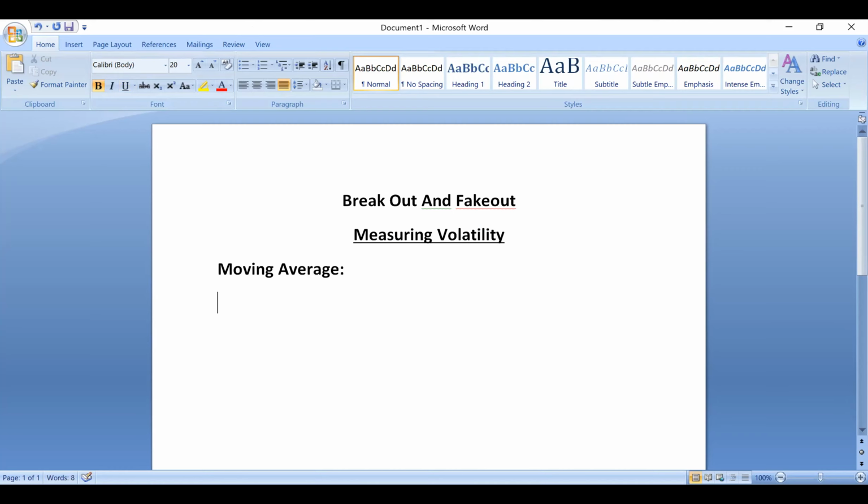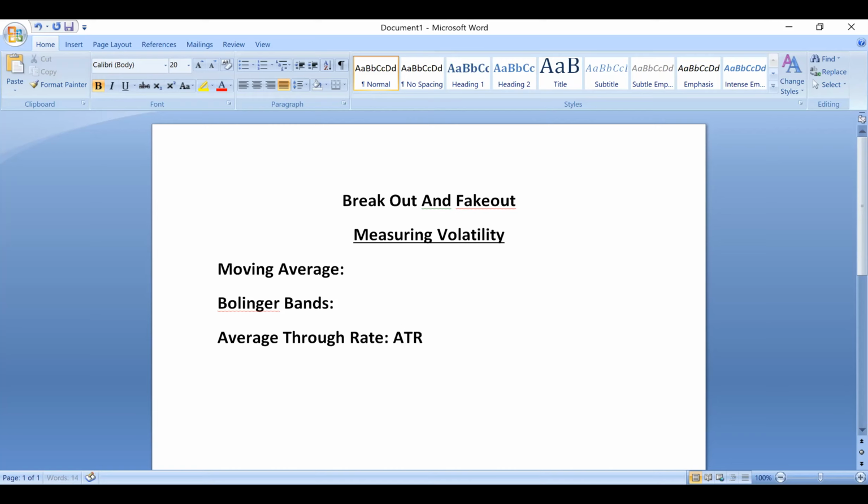We are going to talk a little bit about it, but if you want to learn more about moving average, you can go watch the moving average video again to remind yourself. Then the second thing is Bollinger Bands. We are going to go to MT4 to learn more on this, and the next one is average true range, or ATR.